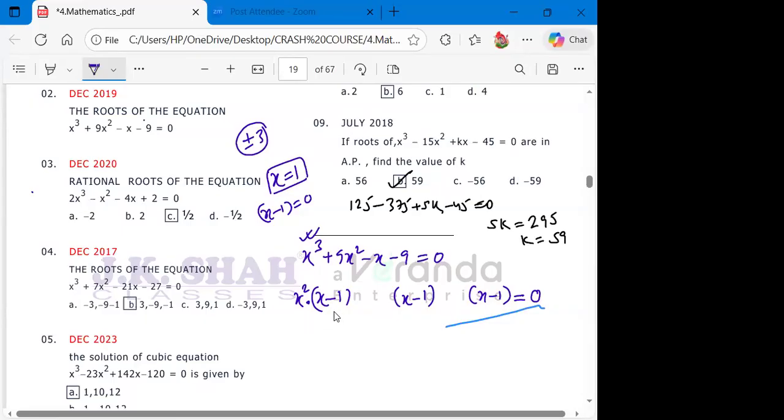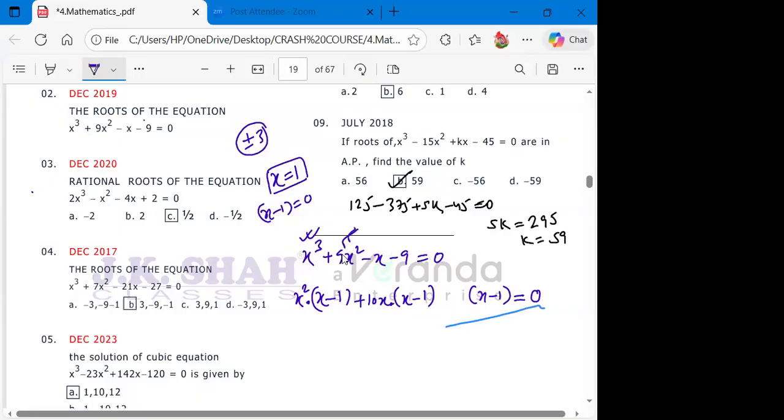Minus x square. How much do you need? Plus 9x square. So how much should I multiply here so that it becomes plus 9x square? If I make it plus 10x, just see what will happen. 10x square, and this minus x square becomes the second term.